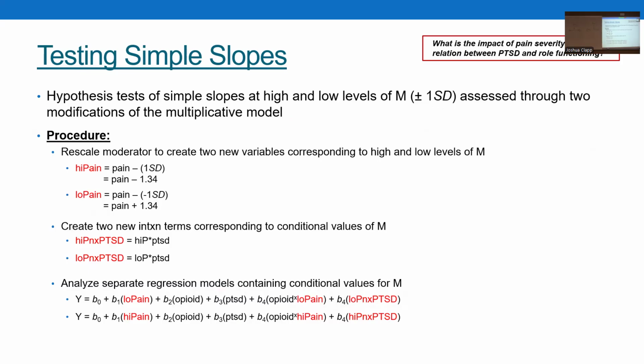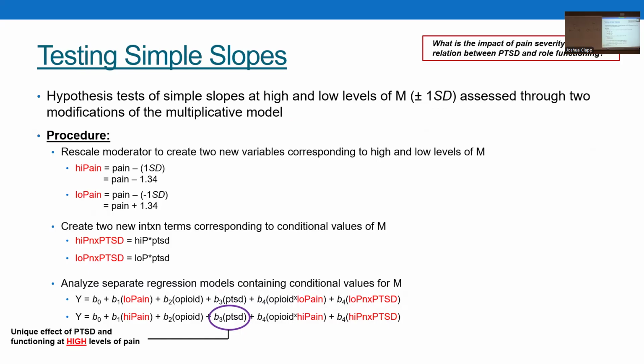We're just going to take anything where pain was and swap out pain for your high pain variable that you created here. So here we've got intercept, high pain, opiate use, PTSD, opiate use times high pain, and high pain times PTSD. And now we're getting the conditional effect here for the unique effect of PTSD on functioning at high levels of pain.